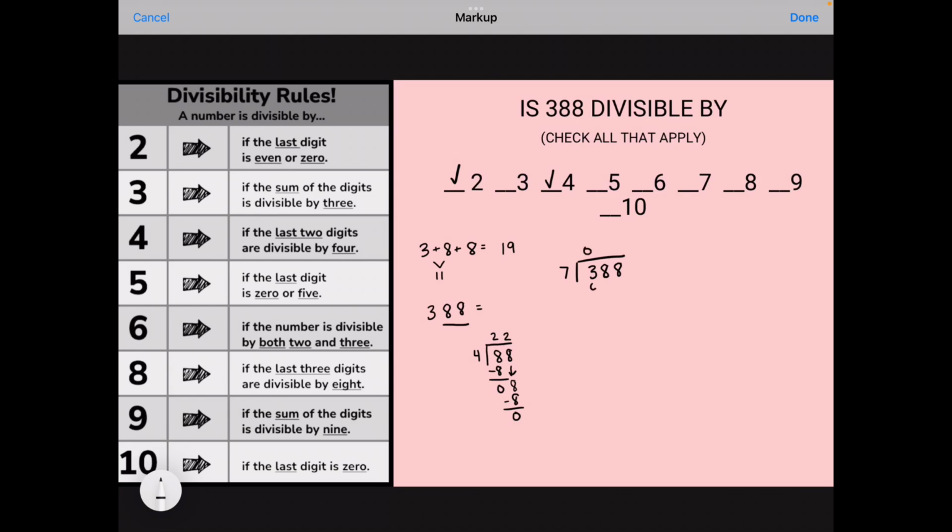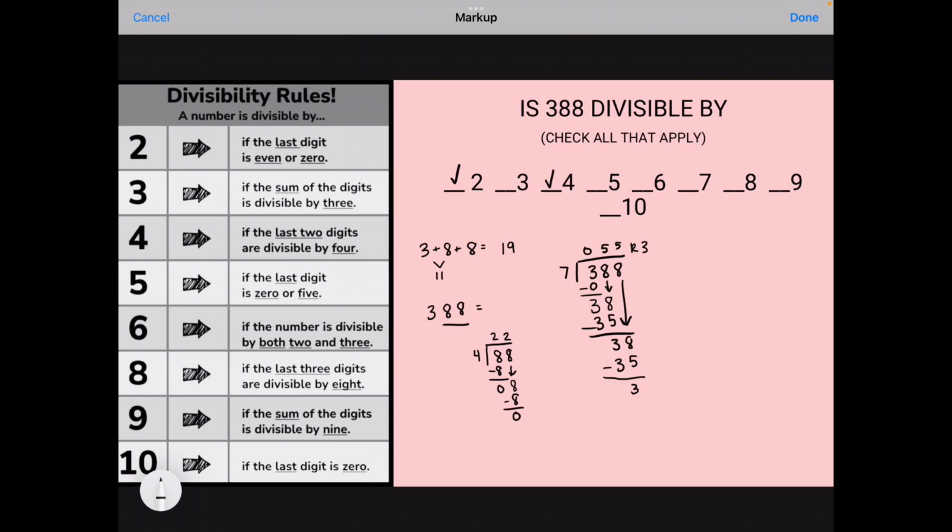So I just have to do a typical long division problem here to see if I can get a whole number answer without a remainder, and unfortunately, I get a remainder, which means I cannot divide 388 by 7 and get a whole number answer.